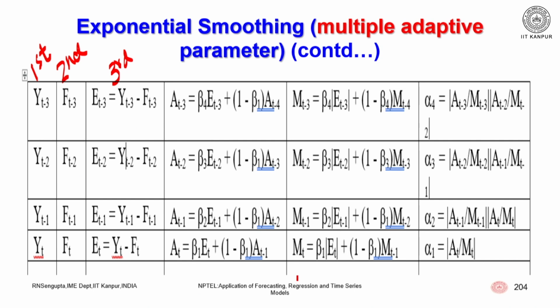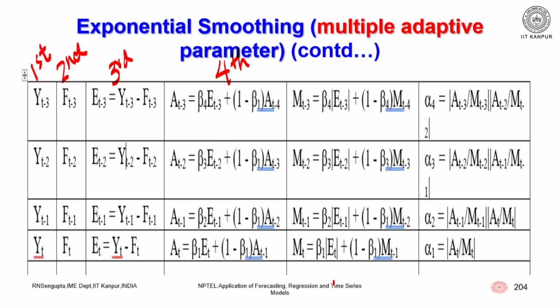The next 3 columns are required to find the value of a, because if you remember, there would be 4 values of a, which for this case are a t minus 3, a t minus 2, a t minus 1, a t, and they are given by the corresponding weights of beta 4 into e t minus 3.